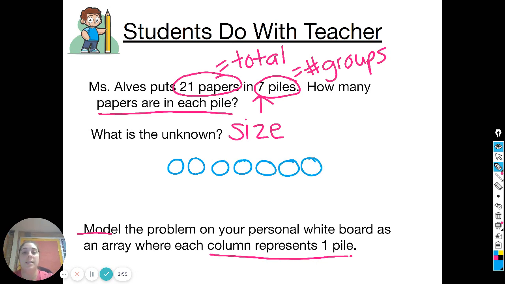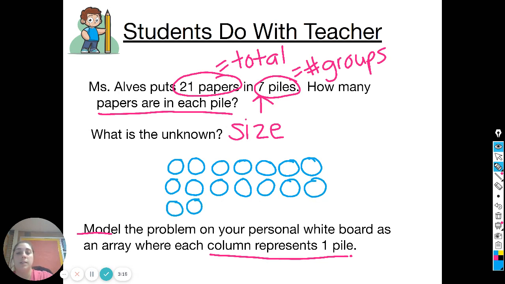So I've started my 7 columns, and I need to keep adding to each column until I get to my total, which is 21. 8, 9, 10, 11, 12, 13, 14, 15, 16, 17, 18, 19, 20, 21.